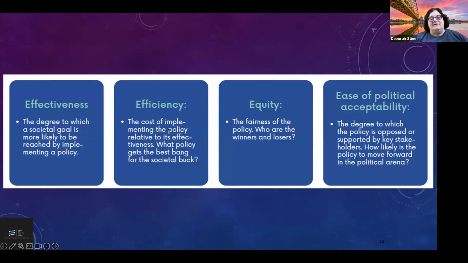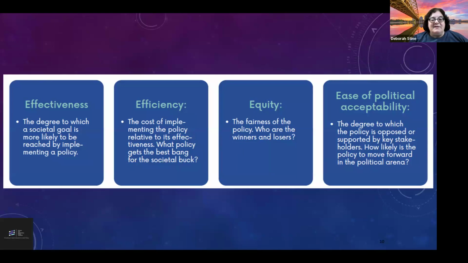But you're also looking at efficiency in the context of what I call the 4 E's. It is not just the costs that policymakers are looking at, but also effectiveness, which is the degree to which societal goals are achieved; equity, which is the fairness of the policy; and then ease of political acceptability, which is not as much from a politician standpoint, but more the key stakeholders.